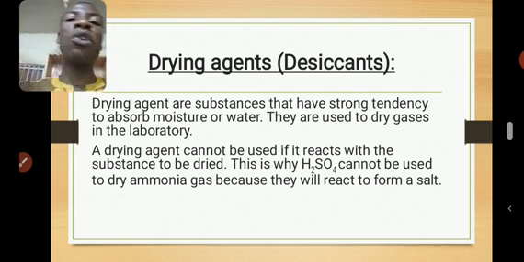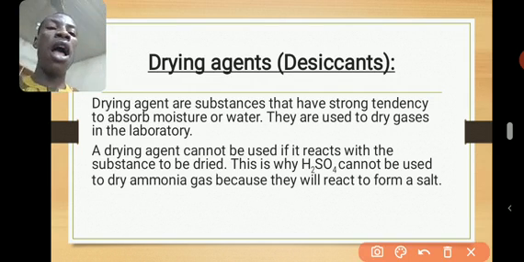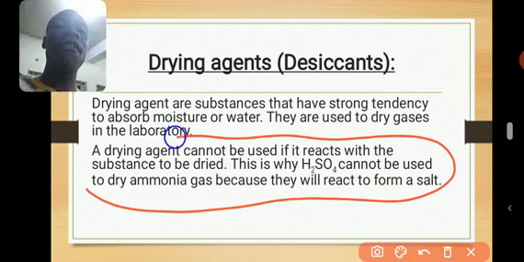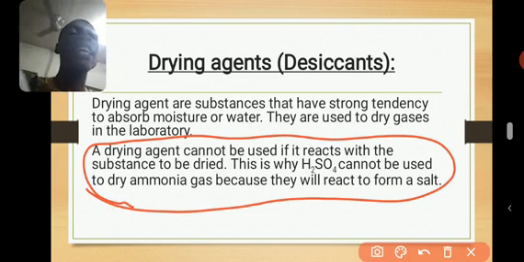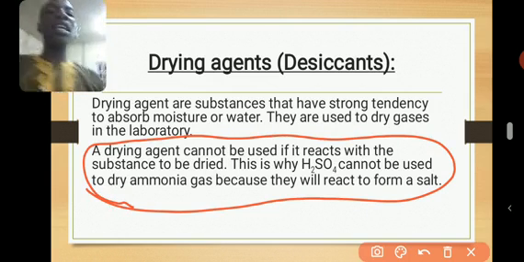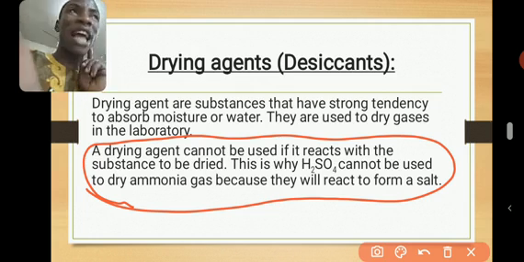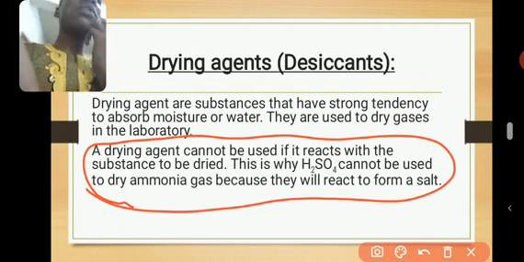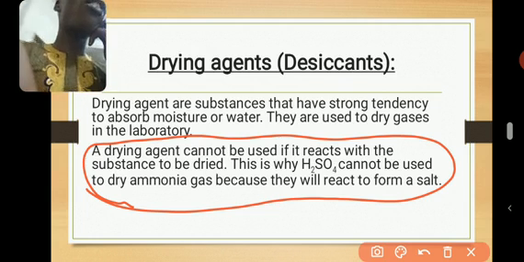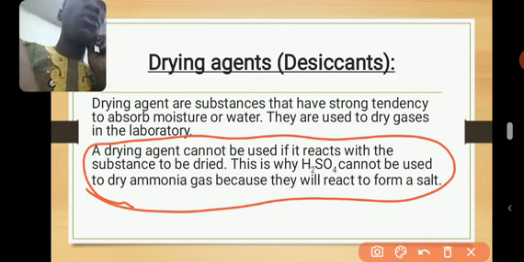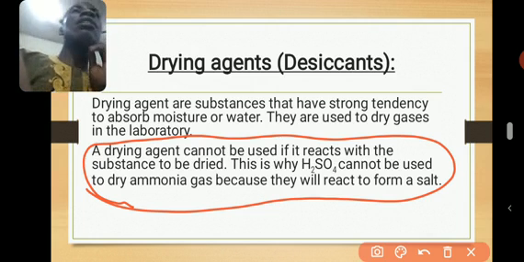Now, take note of this important paragraph. I said a drying agent cannot be used if that drying agent reacts with the substance you want to dry. For example, H2SO4 is an acid, don't forget. Ammonia is a base.